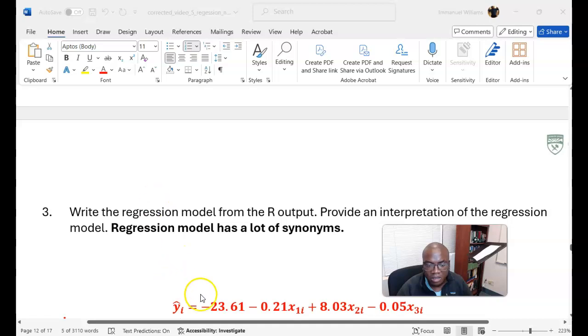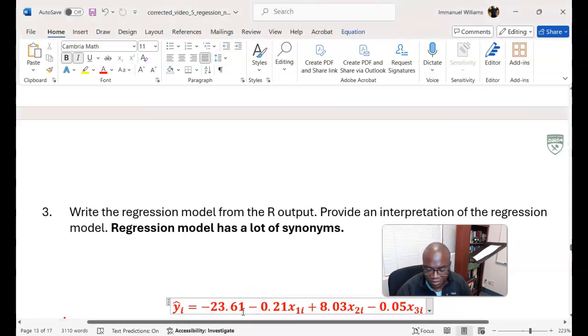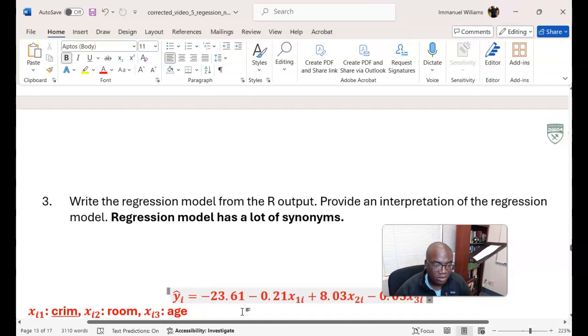So y_i hat is equal to negative 23.61, minus 0.21 times x1i to delineate crime, 8.03 times x2i to delineate room, and negative 0.05 times x3i to delineate age. I always forget the order. So first is crime, then room, then age. Okay. That's fine. Then I actually provide an interpretation.